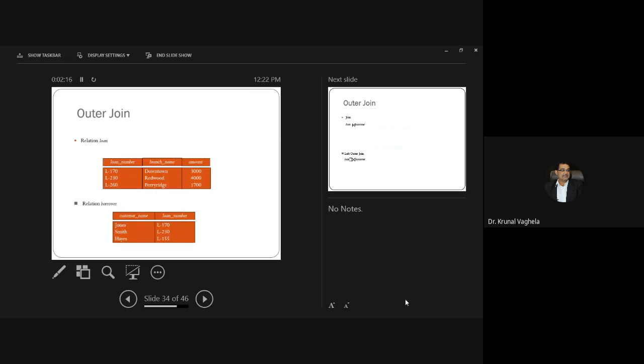These are two relations, loan and borrower. Can anyone tell me, if I perform the join, how many rows will be there in my result? I'm not asking about Cartesian product, remember. No Cartesian product, but join.